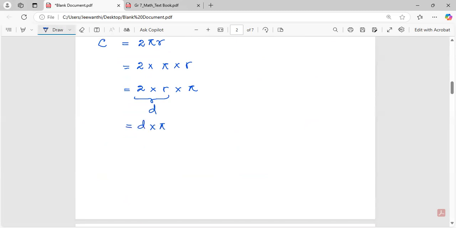So we have introduced 2 formulas for the circumference, right? For the circumference, the C value, we have 2 formulas. One is 2πr, the other one is πd. Now, when you have 2 such equations and you are doing the sums, you might wonder which equation you should use.